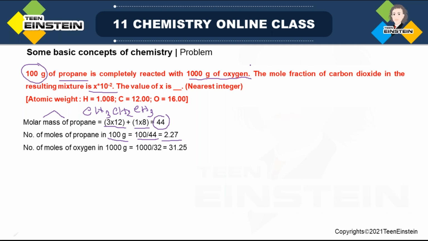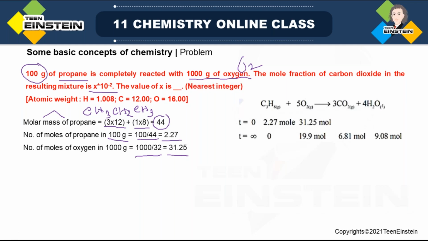And we know oxygen is diatomic, O2. Per oxygen atom it is 16, so it will be 32. That is the molar mass of the oxygen molecule. Just the same type of calculation, given mass 1000 divided by the molar mass of oxygen, and it will give you the number of moles of oxygen, 31.25. So we now have this information in our hand.